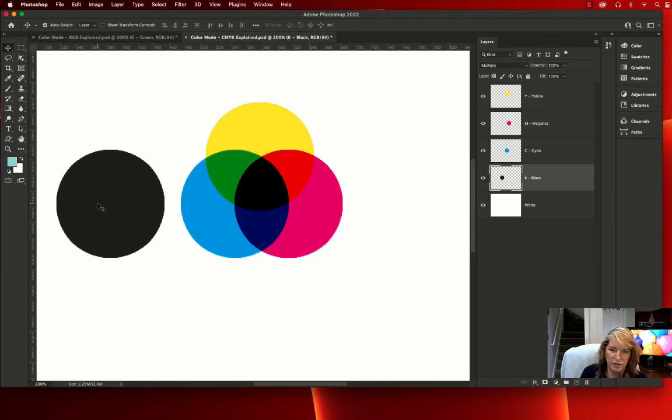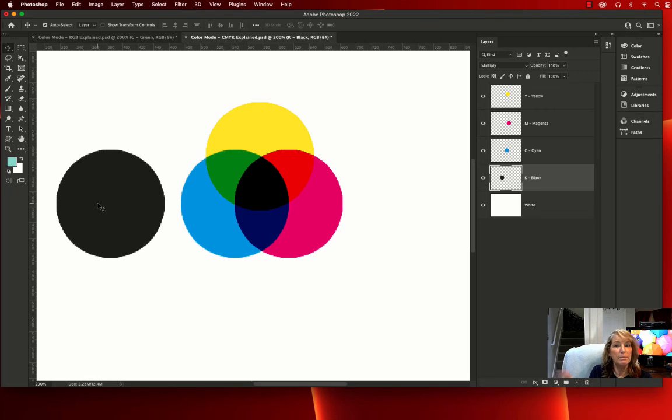When you get more into your design classes, they'll talk to you about K being a key color. But that's more so in print production, because CMYK is for print. So we tend to think black, K is the last letter, so we use K to denote black. Yes, but when you dive deeper into your color theory and color processes, you'll learn K is actually for key color.